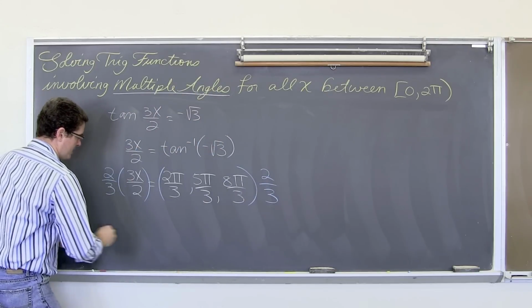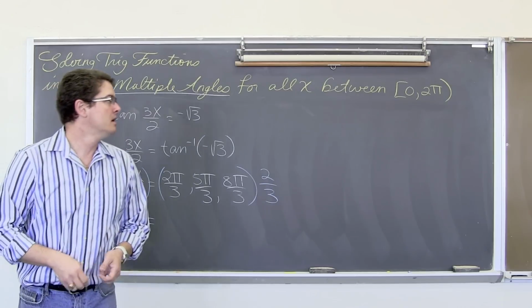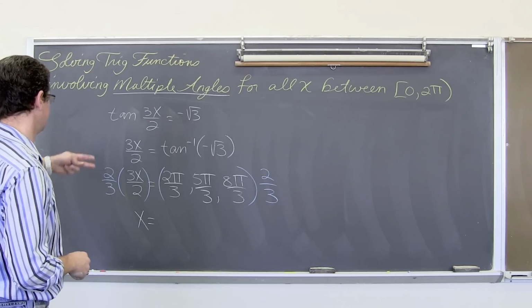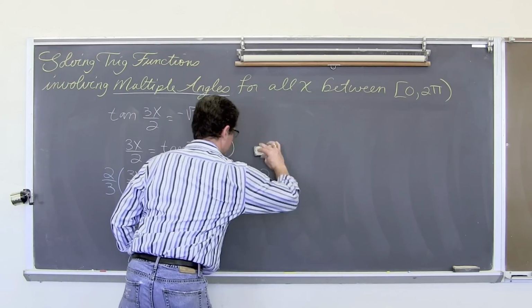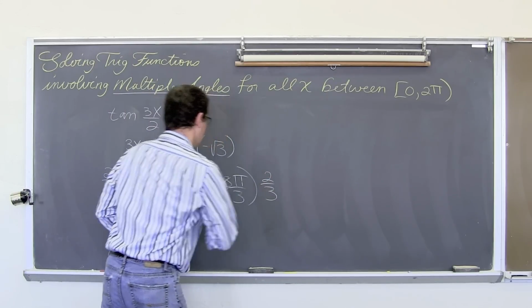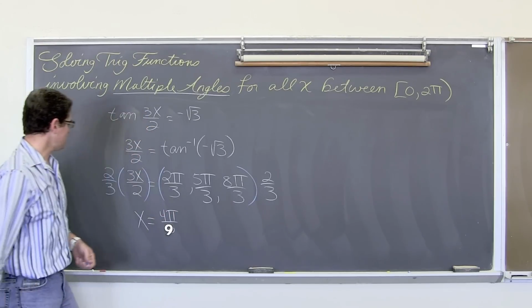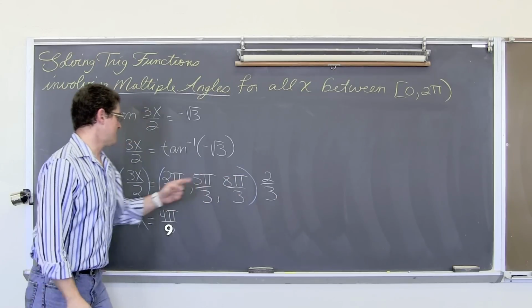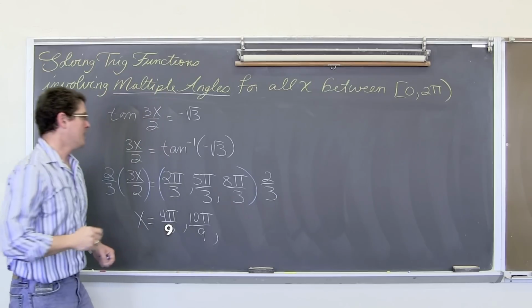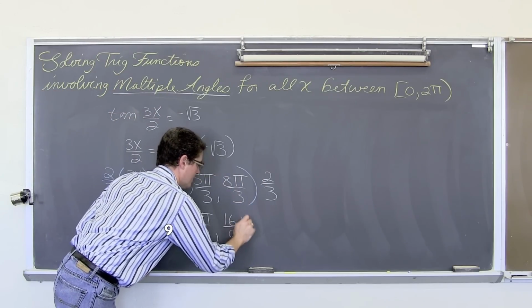That cancels out, and we get x is equal to, well, 2/3 times 2/3 is 4/9, and 2 times 5 is 10/9, and 2 times 8 is 16/9, 16 pi over 9.